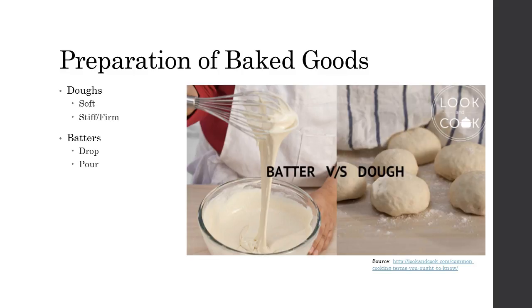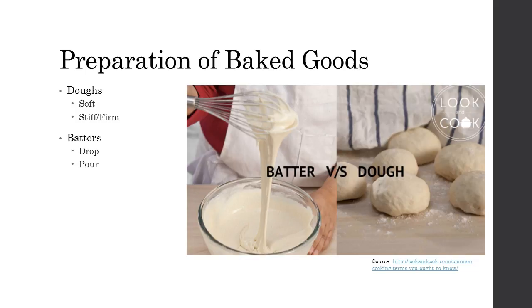Baked goods may be prepared as either doughs or batters. Doughs are further broken down into two categories. There are soft doughs, which incorporate 1/3 cup of liquid for every cup of flour, and there are stiff doughs that have 1/8 cup of liquid for every 1 cup of flour.